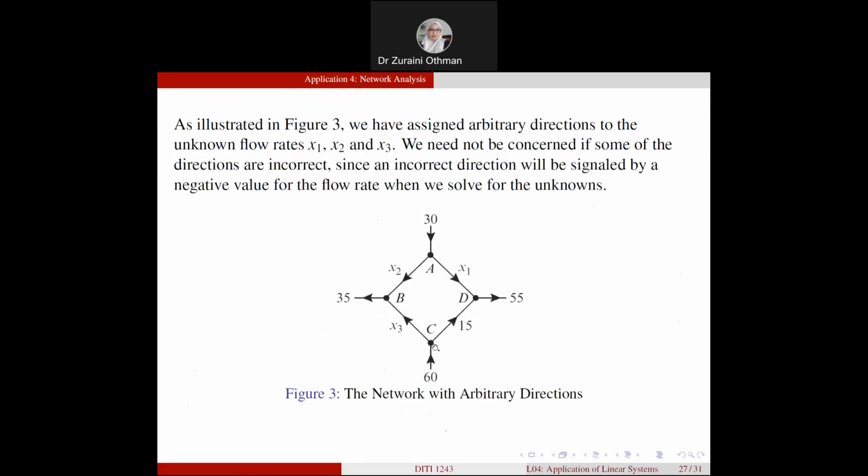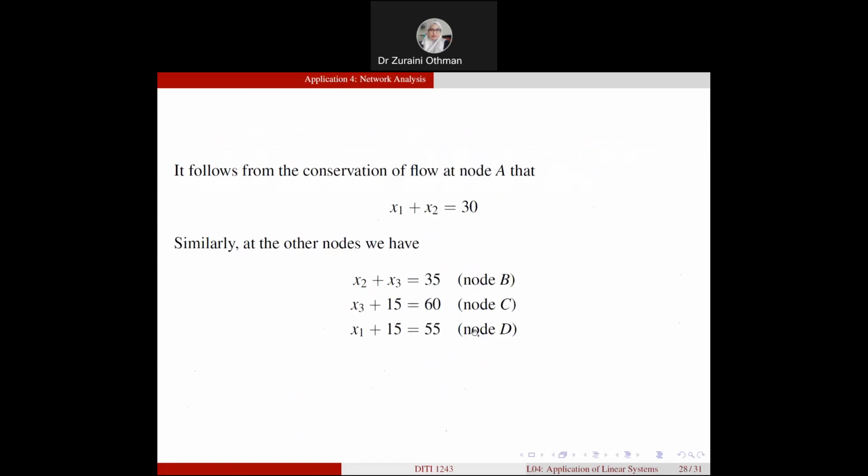And for node C ialah X3 campur 15 nilai dia ialah 60. And for node D ialah X1 campur 15 nilai dia ialah 55. Nampak tak kat sini?